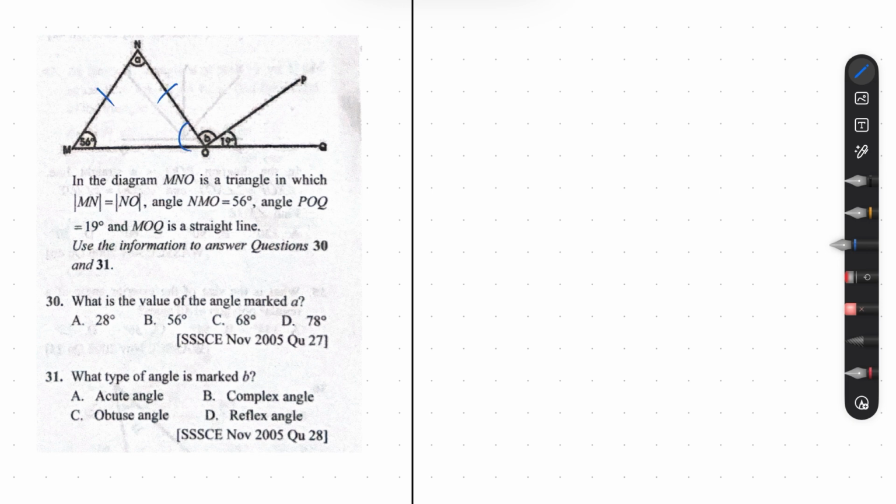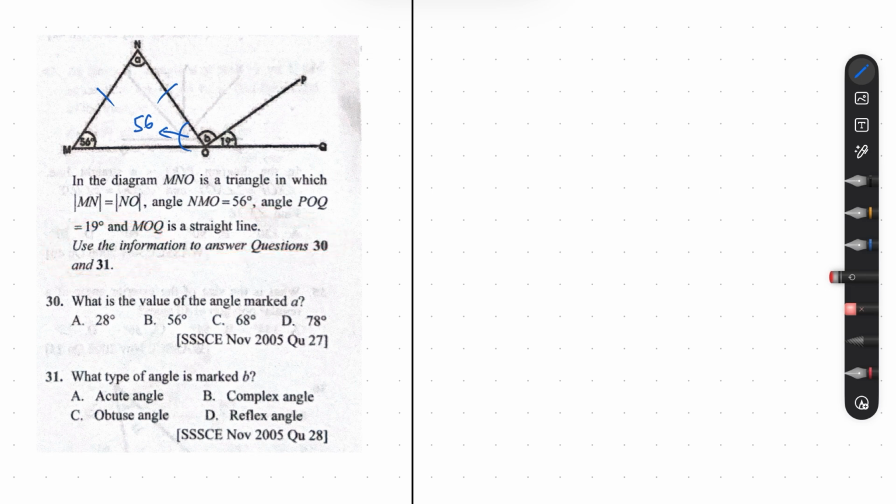So this angle here is also 56. Angle POQ is 19, and MOQ is a straight line. Use that information to answer 30 and 31.